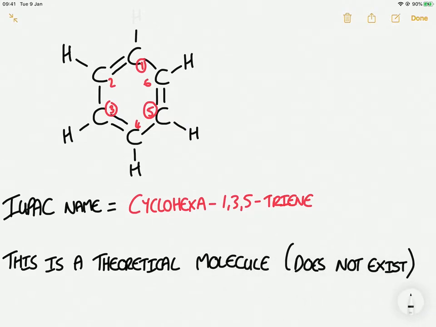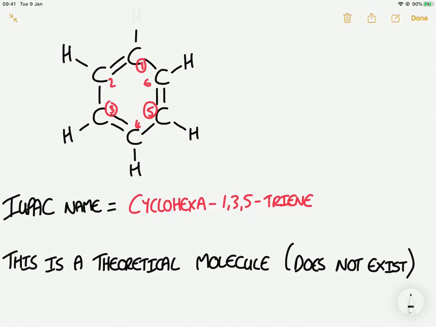Having said that, you still see the Kekulé structure everywhere. Loads of people still use it. Even though it's wrong, it still gets used, and that's just one of those things that you have to contend with. If you Google any kind of aromatic compounds, chances are you will see an image of Kekulé structures of benzene rather than the one with the circle, okay? But it is not correct, it's a theoretical molecule, okay?